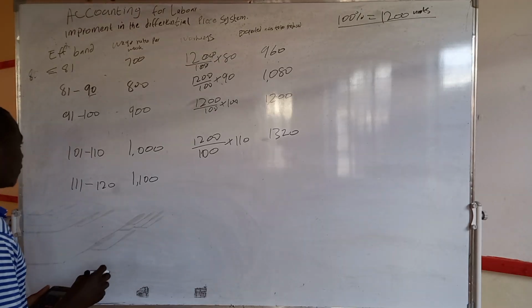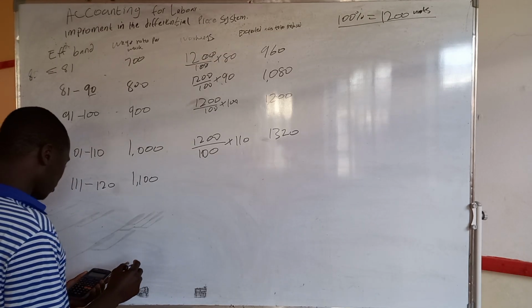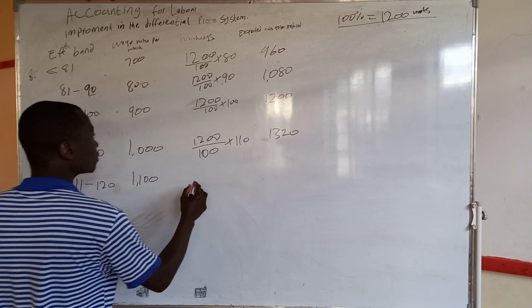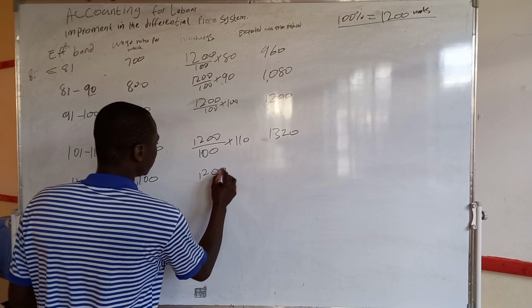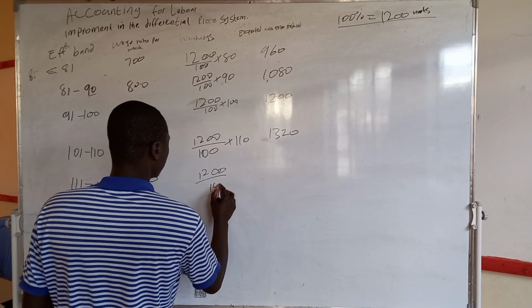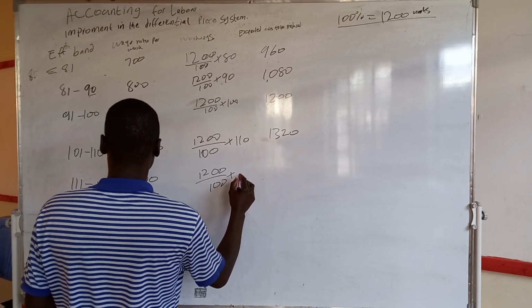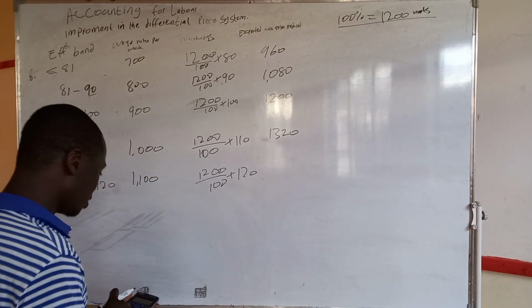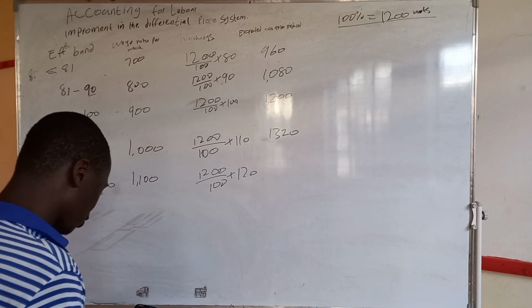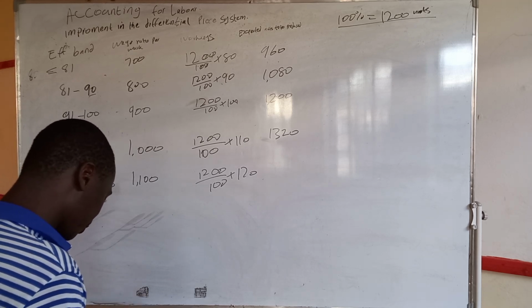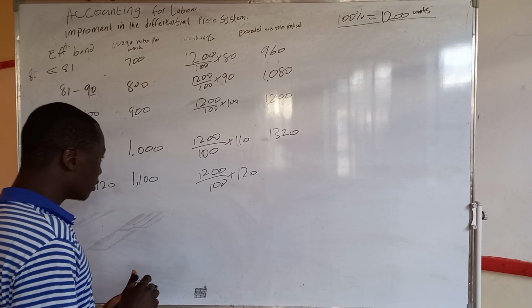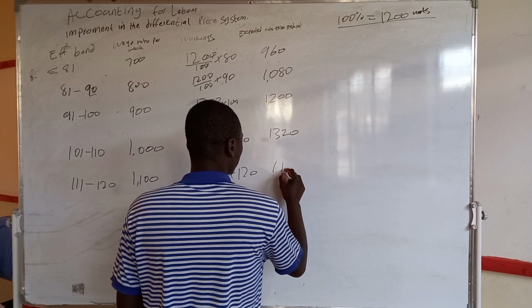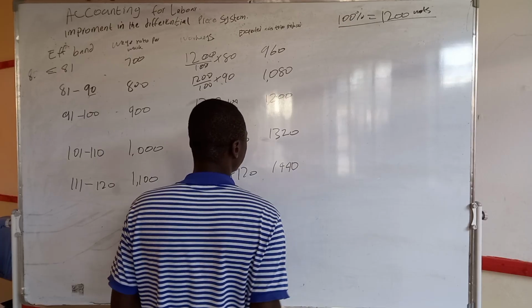Then we have 1,200 divided by 100 times 120. So this is 12 times 120, which is 1,440.